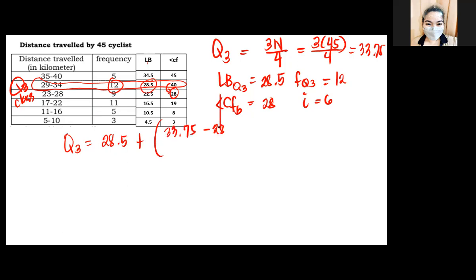Minus natin doon yung cumulative frequency below divided by natin sa frequency times 6. Okay? So we have here 28.5 plus, subtract natin to. So we have 5.75. Divide natin siya ngayon sa 12 times natin sa 6.